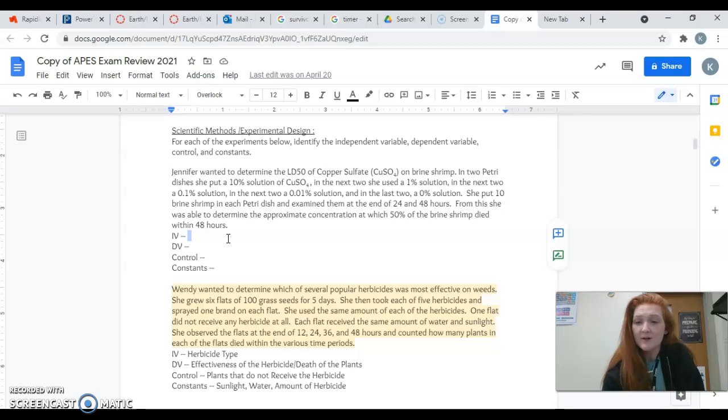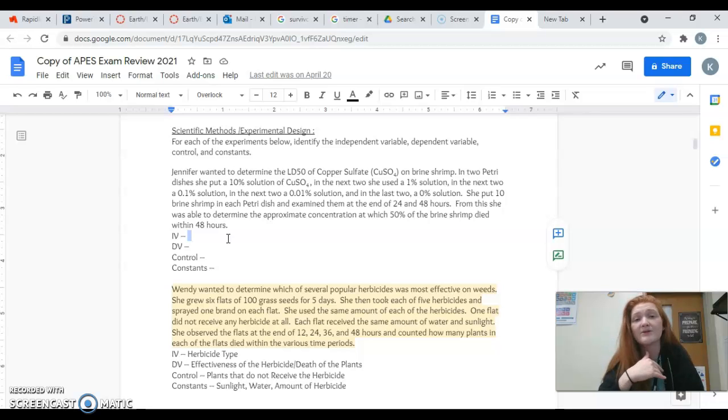Now, independent variable, the way I always remember it is it's the thing that I change, okay? It's the thing about the experiment that you are manipulating. It is the experimental variable. So if we take a look at this experiment, what Jennifer is manipulating is the concentration of the solution of the copper sulfate.